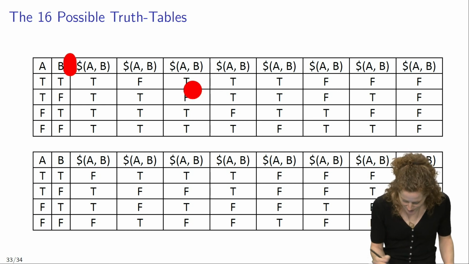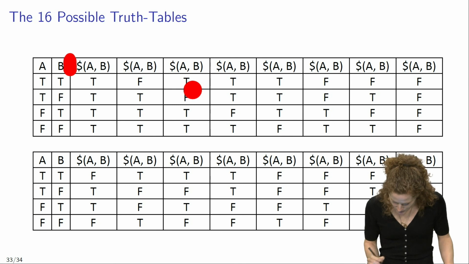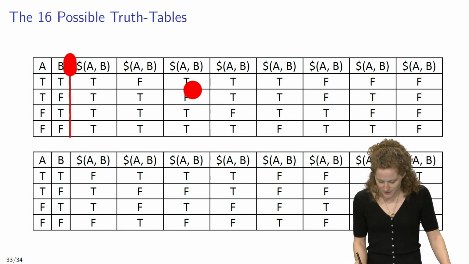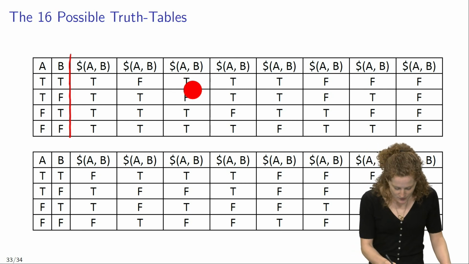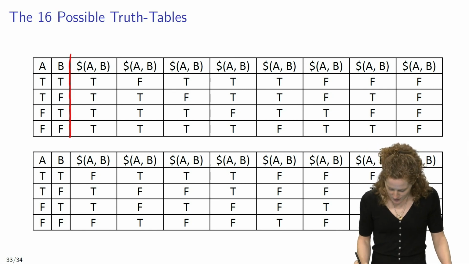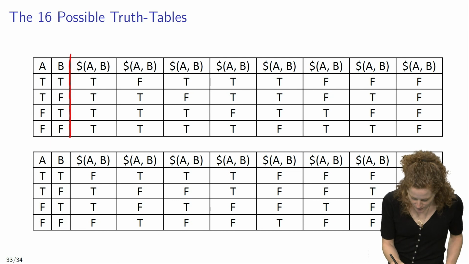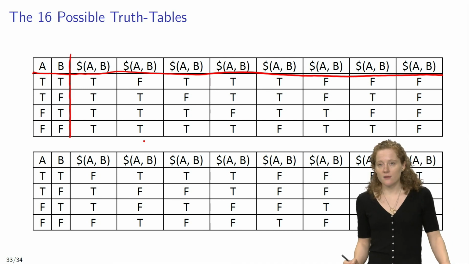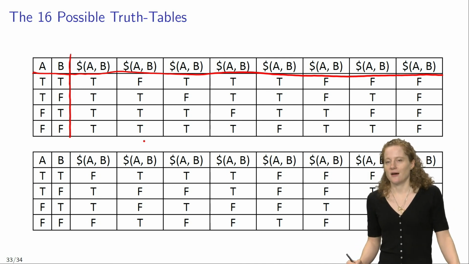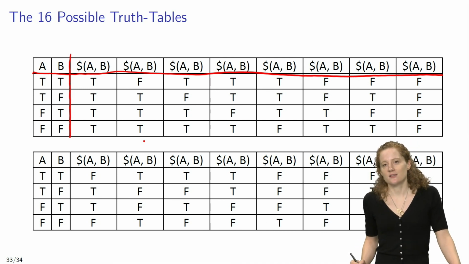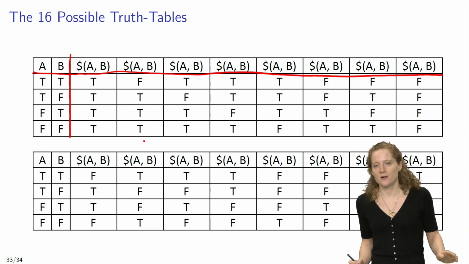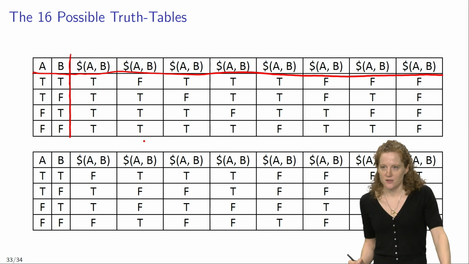To the left here, we have our reference column for the two atomic sentences A and B. And then to the right, you've got all the different possible evaluation columns for any possible two-place connective $AB.